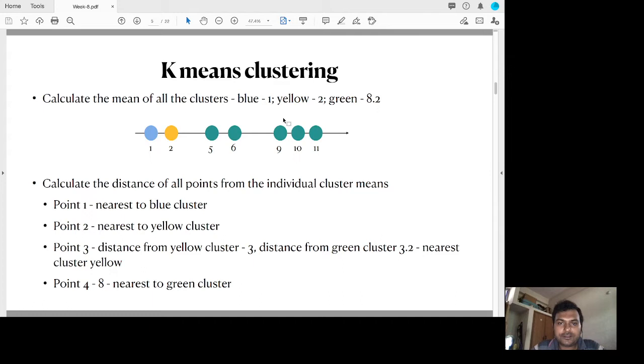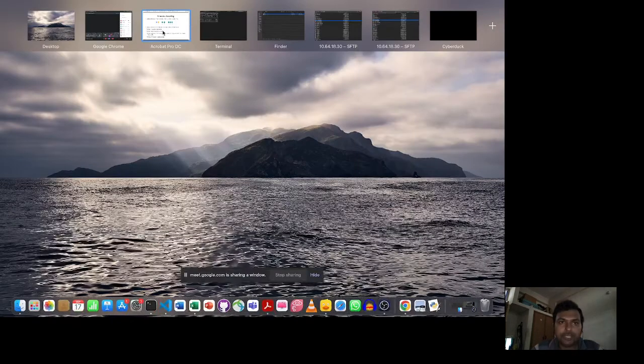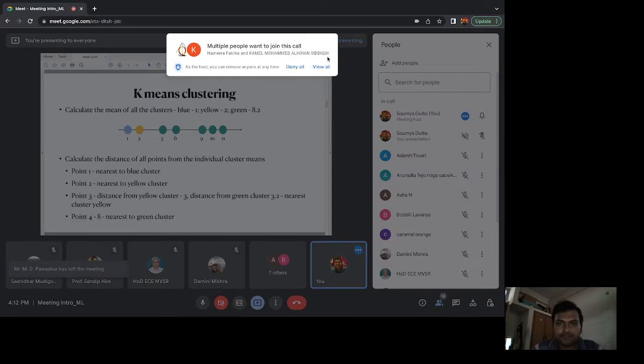You can see that the distance of 5 from 8.2 is more than the distance of 5 from 2, which is 3 square, and this is 3.2 square, and from 1 it is definitely farther. So point 3's distance from the yellow cluster is 3. Actually this is the root, I have taken the root, and the distance from the green cluster is 3.2. The nearest cluster is yellow, and therefore the third point will turn to yellow in this particular stage.